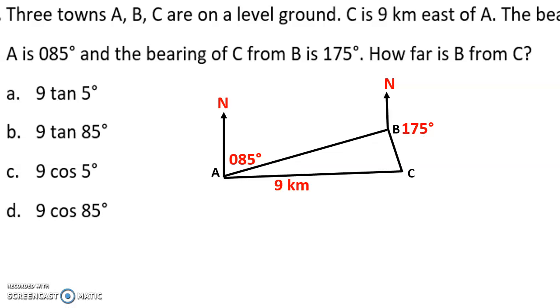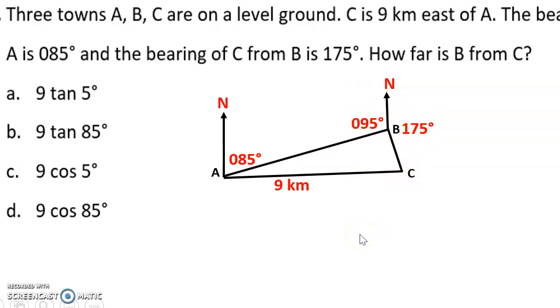The next thing that we know is that here is 85 degrees. That means that we can find the angle here because they're co-interior angles. So we'll just do a subtraction from 180, and that would give us 95 degrees. And the angle here, we can find as well, because these are angles at a point, which add up to 360 degrees.